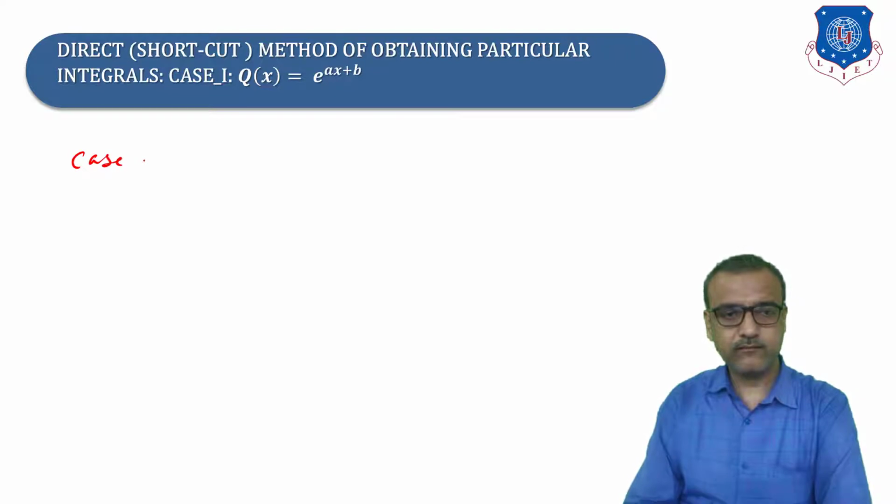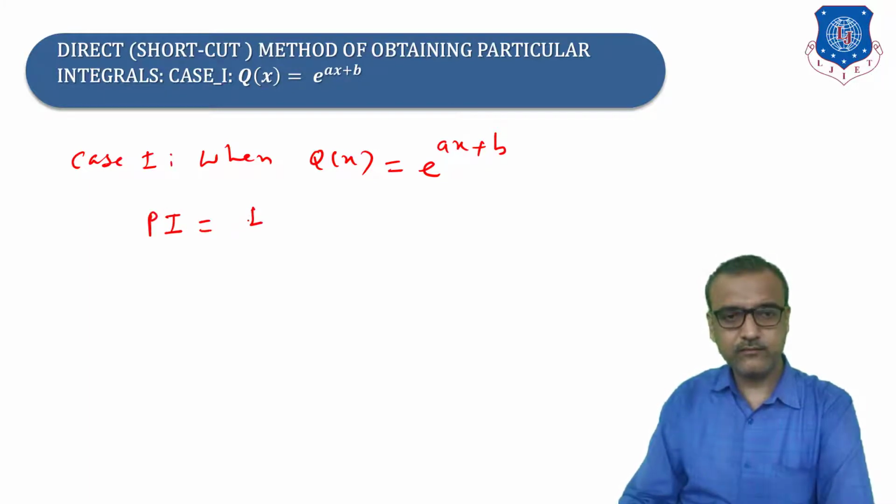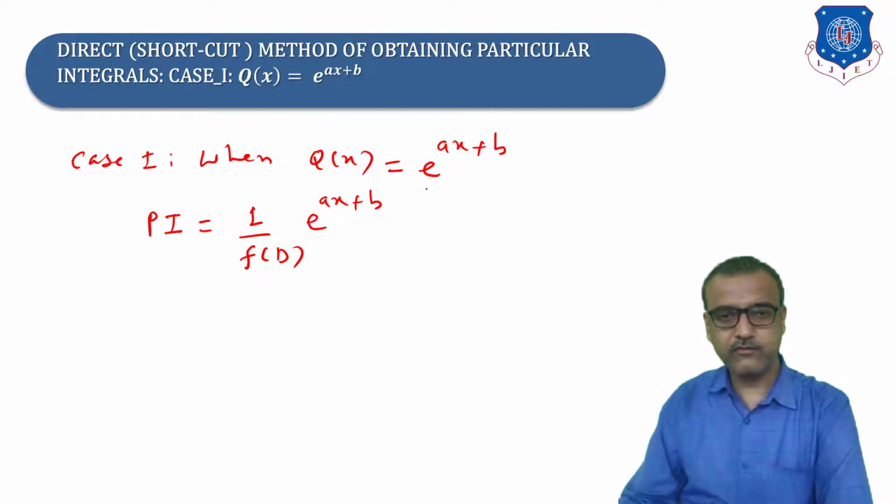Case 1: when Q of x is equal to e raised to ax plus b. Now this is the formula of PI, that is 1 over f of D times e raised to ax plus b, because Q of x is e raised to ax plus b.